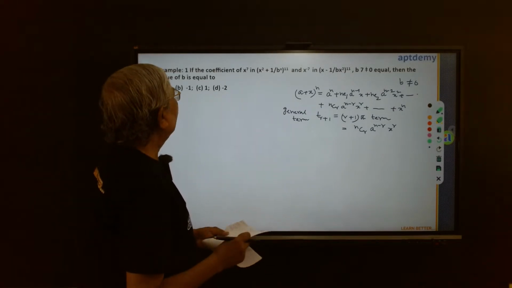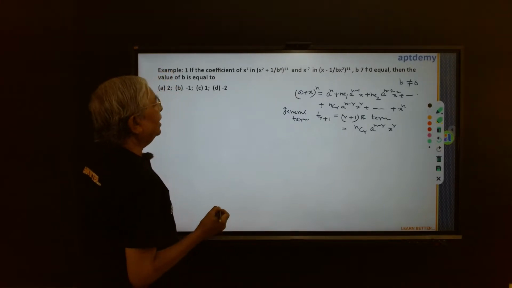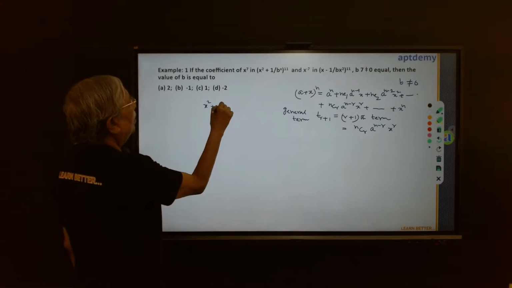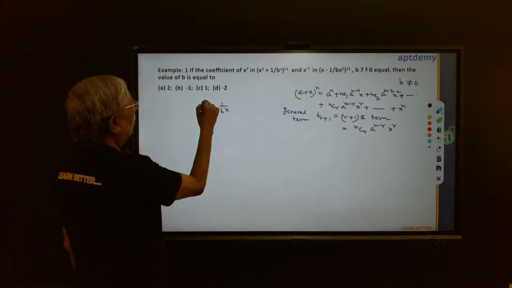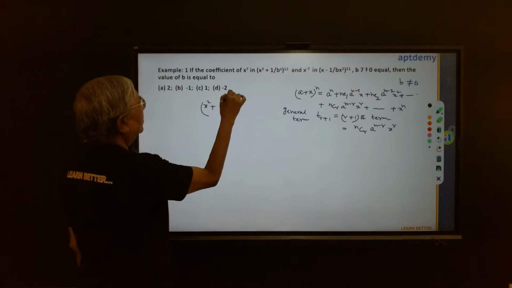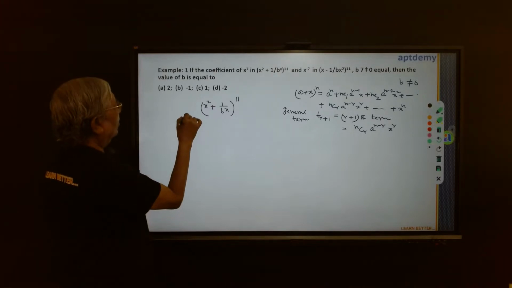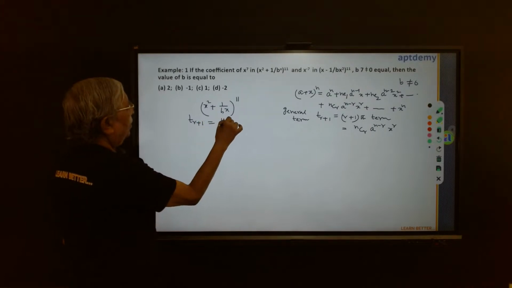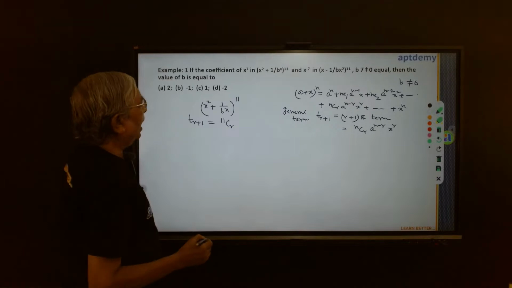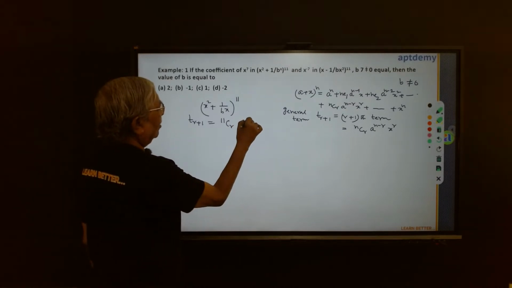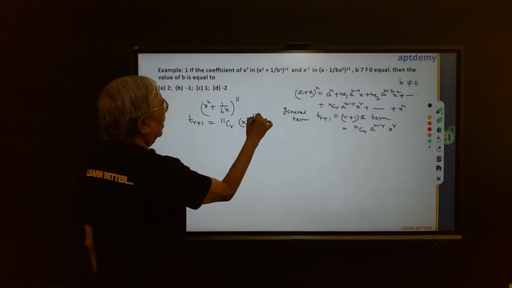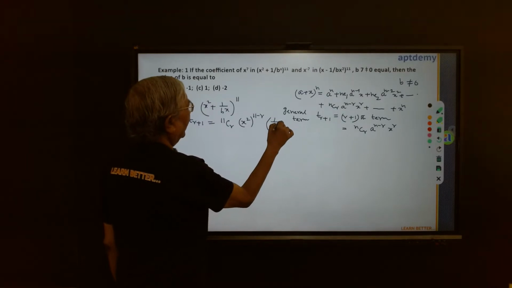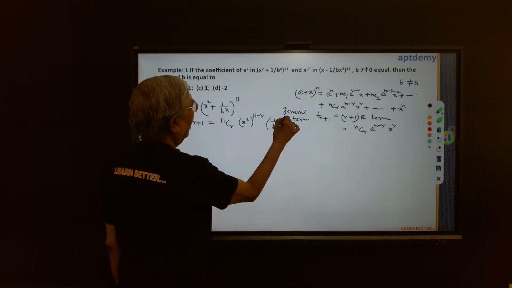Now first we find the coefficient of x to the power 7 in the expansion of (x squared plus 1 by bx) whole to the power 11. First we find the general term: T(r+1) is equal to nCr, means 11Cr, a to the power n minus r, that is our x squared whole to the power 11 minus r, into x to the power r, means (1 by bx) whole to the power r.